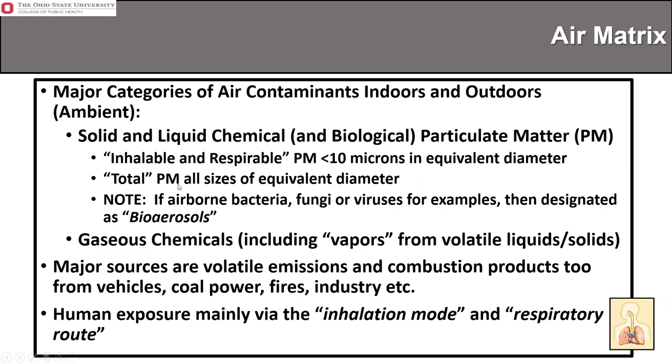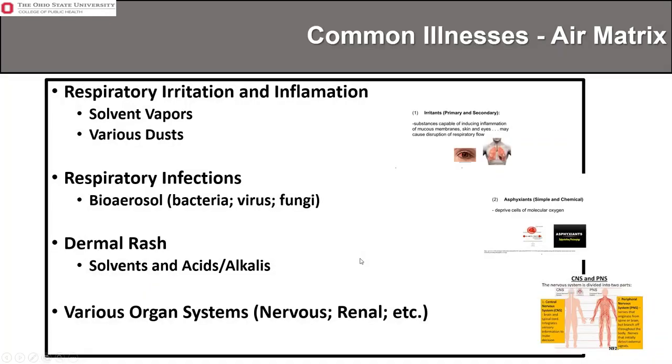It would involve the larger particle sizes, meaning greater than 10 microns. But the most hazardous particulate matter are those that are less than 10 microns, and PM2.5 is the primary indicator for that. And then we have gaseous chemicals, including vapors from volatile liquids and solids, those substances that evaporate. So inhalation mode, respiratory route, primary concern.